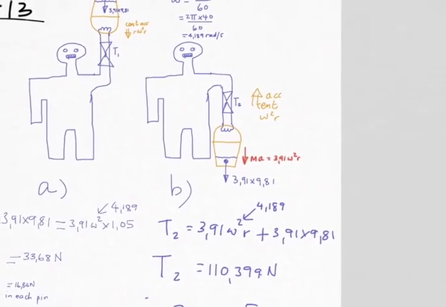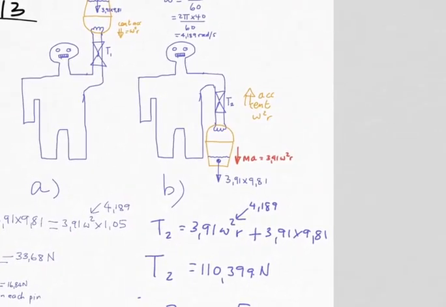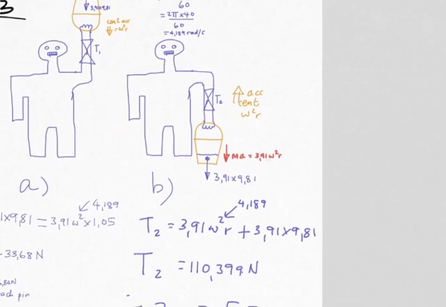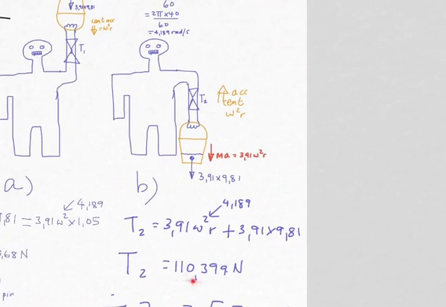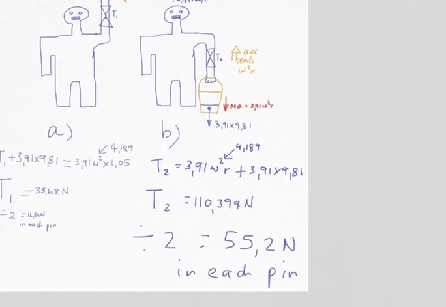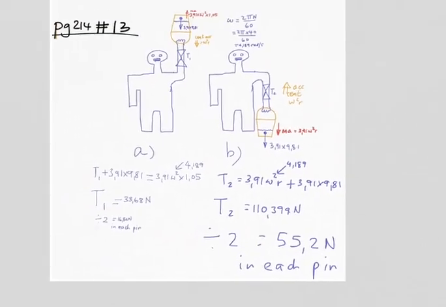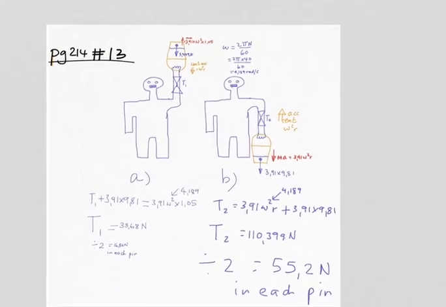In instance B, you've got 3.91 omega squared r, which is MA, plus mg, and that's equal to T2, so T2 is 110. Divided by 2 once again, 55.2 newtons in each pin.